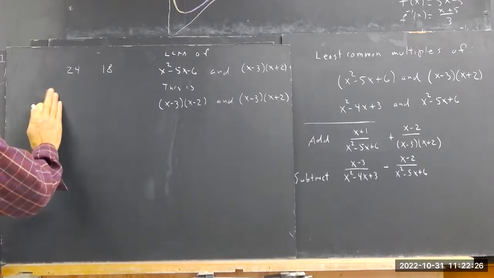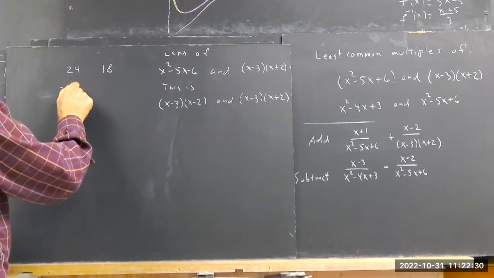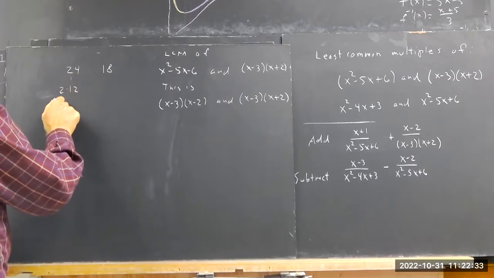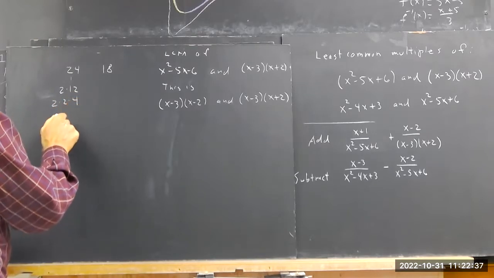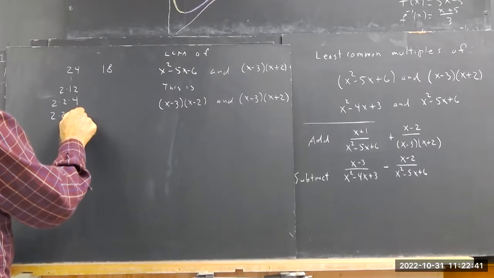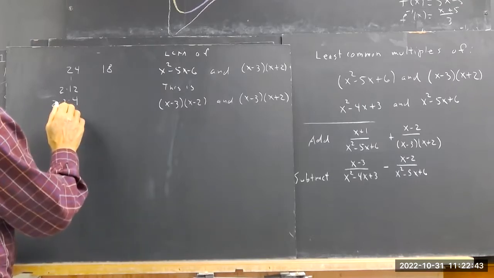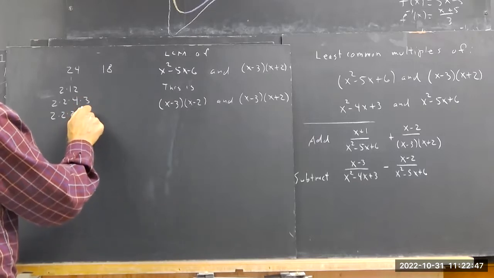Now I'm going to actually do this. Okay, 24 is 2 times 12. 12 is 2 times 4. 4 is 2 times 2. And yeah, you're right. It's 4 times 3.